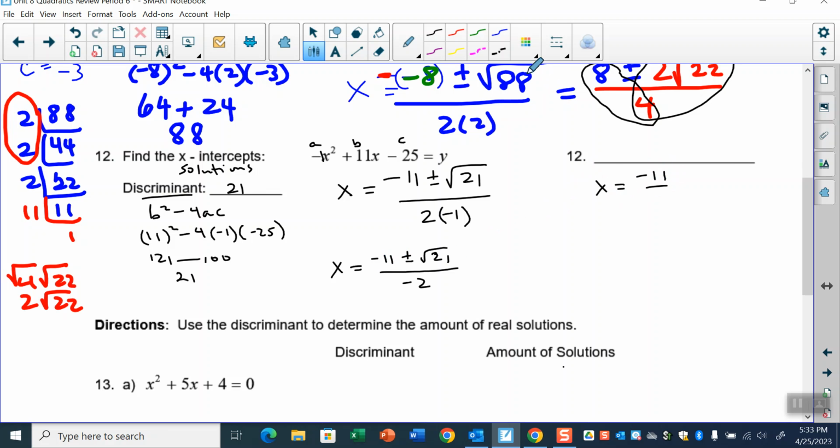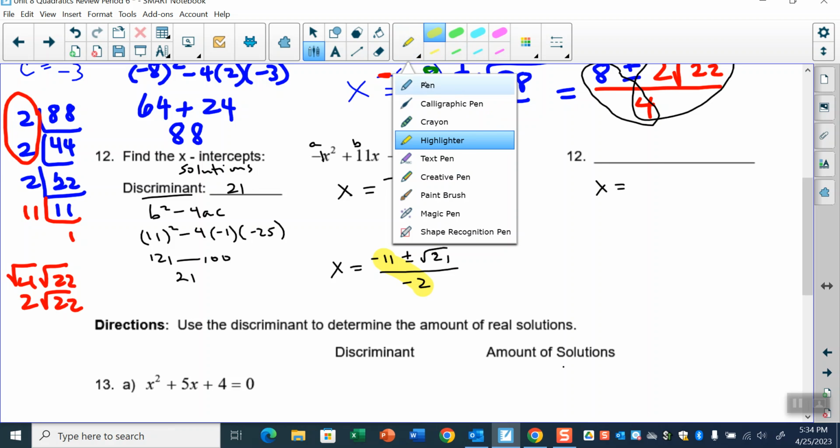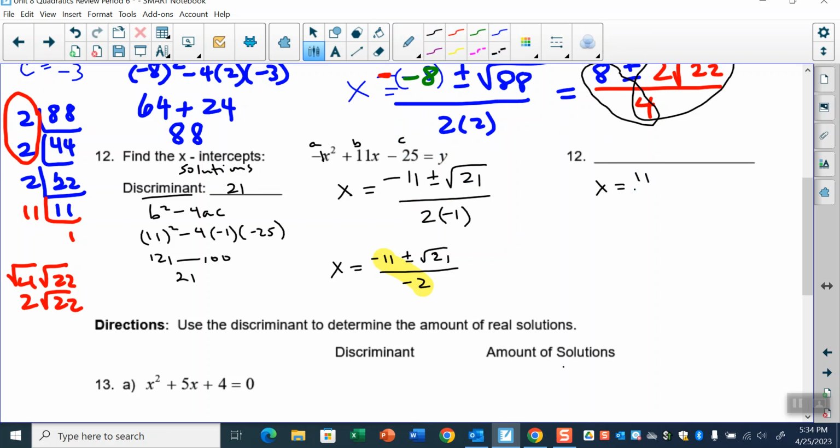Oops. I'm going to back up for a second. If I'm dividing these two right here, I'm dividing this, that would be negative 11 divided by negative 2. So that's actually going to be a positive 11 halves. And then I've got plus or minus.